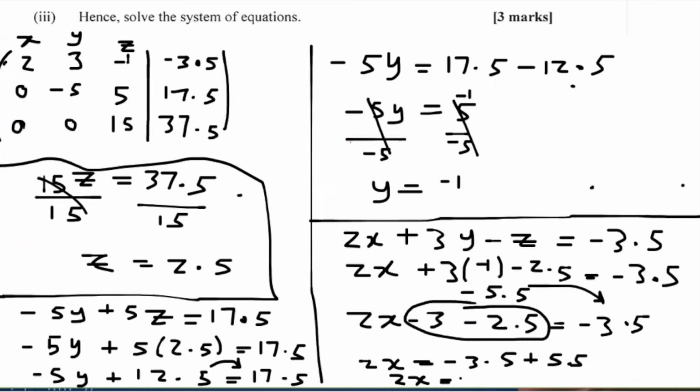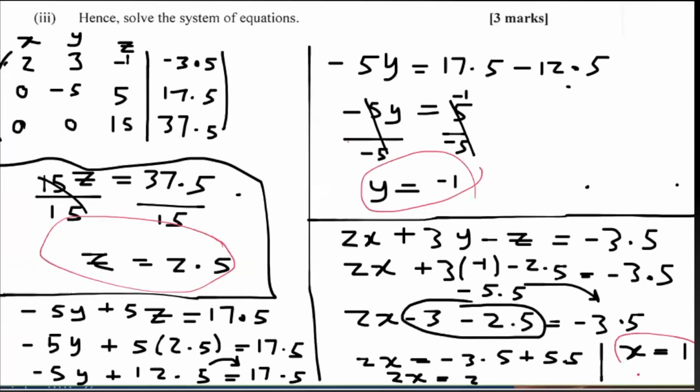That gives me 2. Next step, divide both sides by 2. 2 would cancel, so here I have x equal 1. So x is equal to 1, y equal negative 1, and z equal 2.5. And that's it. These are the solutions.